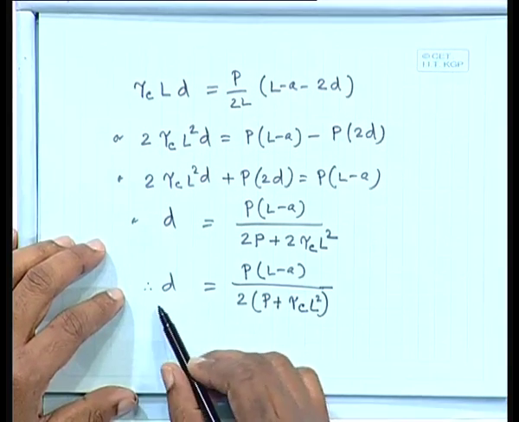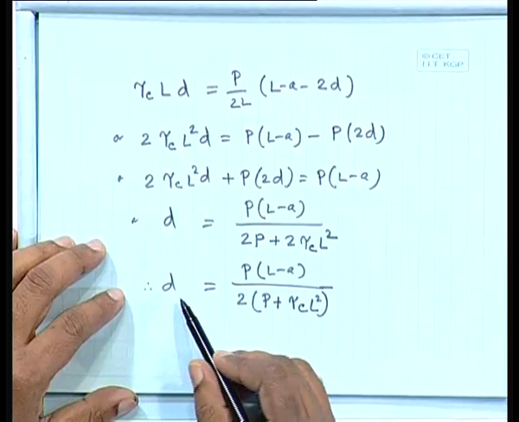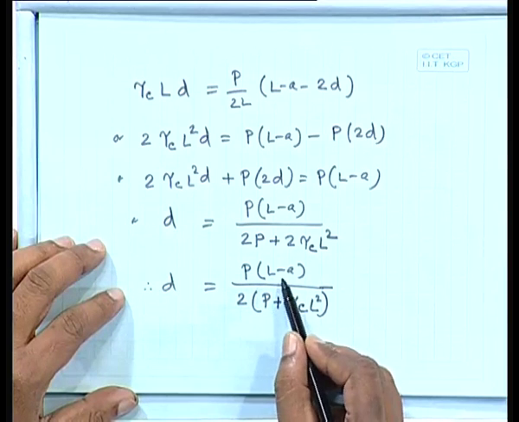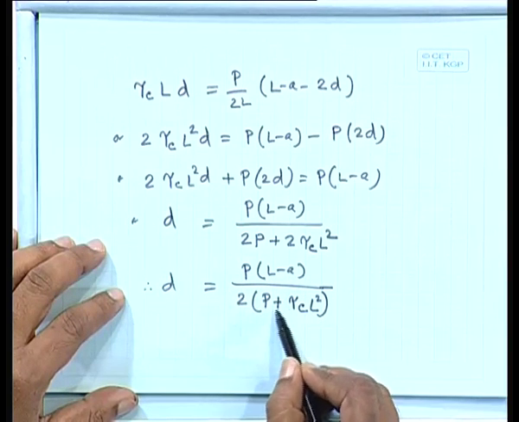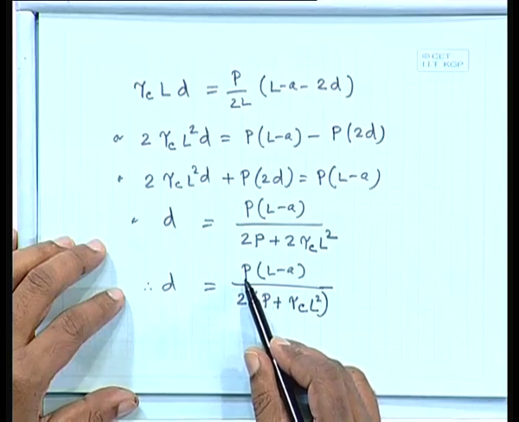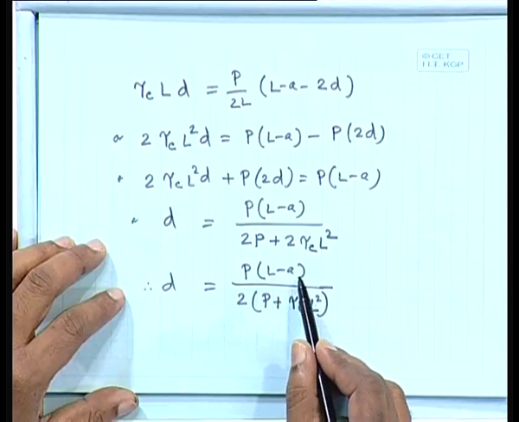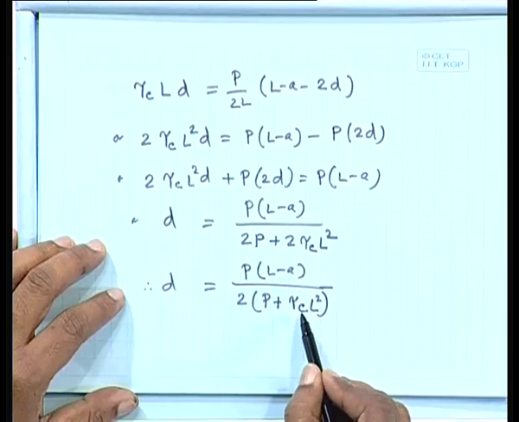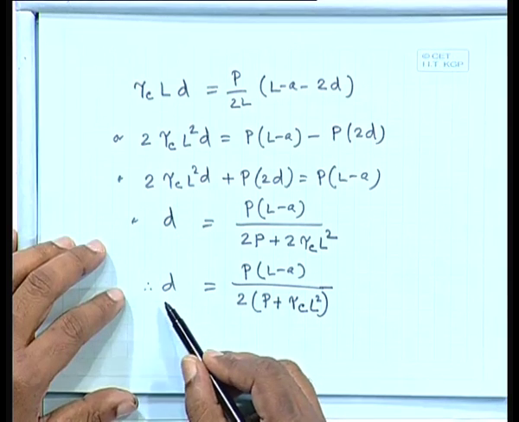The final form is D equal to P times L minus A divided by 2 times P plus tau C L square. We know P, L, and A the column size, and tau C is 0.35 Newton per square millimeter. So, we can find out the depth.